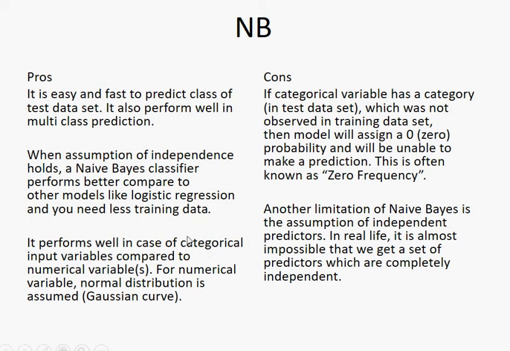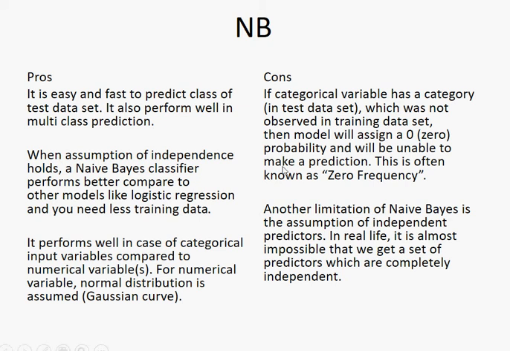When we're dealing with categorical input variables instead of numerical variables, we can come across what is known as zero frequency. Basically, the problem will arise if we have a category in the test dataset that was not observed in the training dataset. In this case, the model will assign it a 0 and will never be able to make a prediction for that particular value.